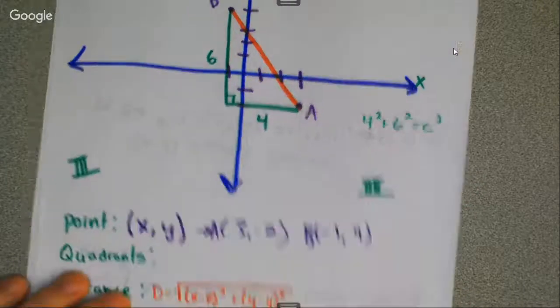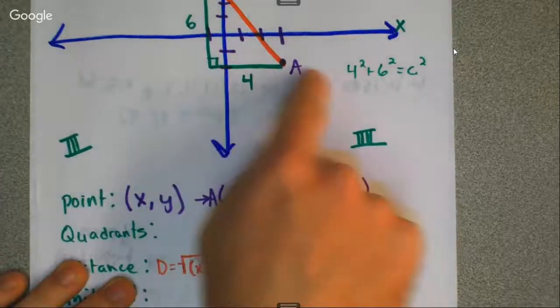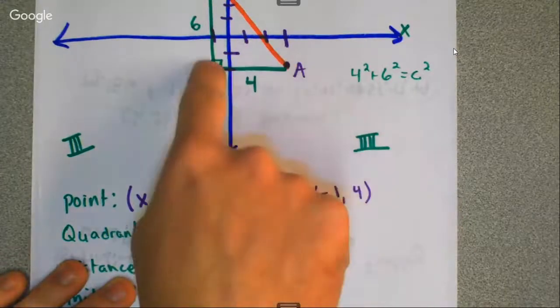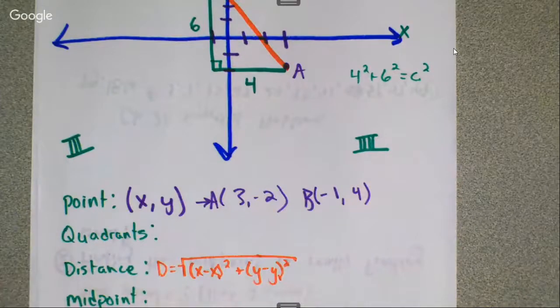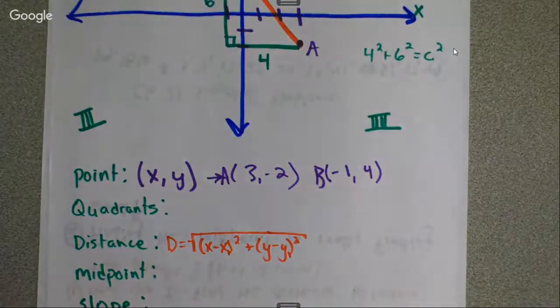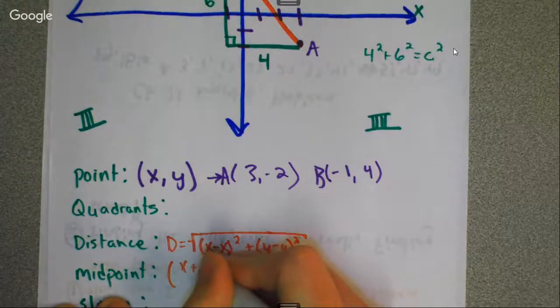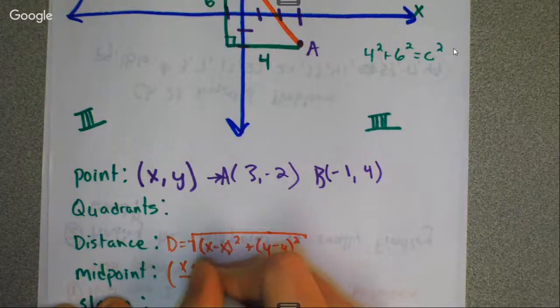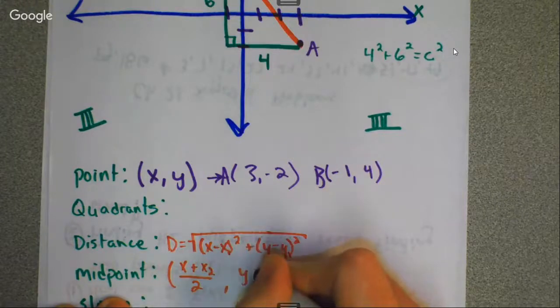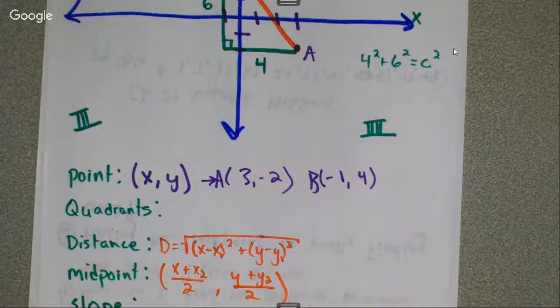To find out this length right here, I just subtract my 2 x's. What is 3 minus -1? That's 4. But that is the formula. We also have what's called the midpoint. The midpoint is a point, that's why I'm writing it as an ordered pair.